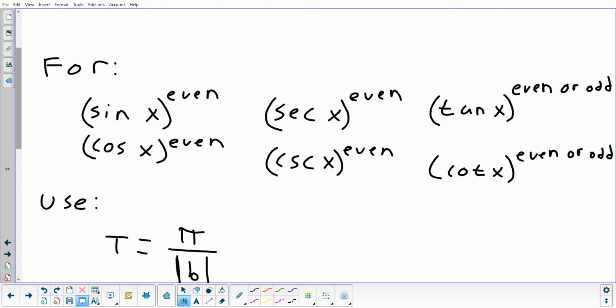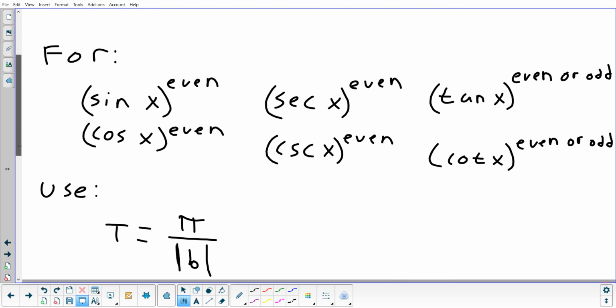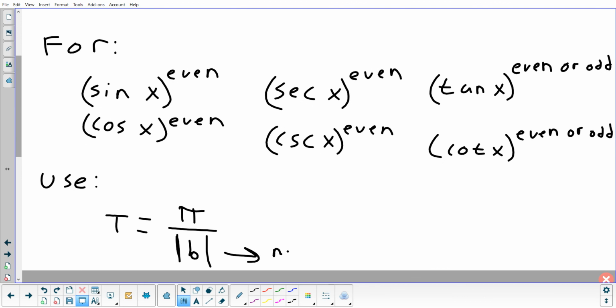Pi divided by b. And again, b is the number in front of x. Now, if you're wondering why I put absolute value, it's because the period, or the T, that's the length of something. It wouldn't make sense for you to tell me the length of something was negative.